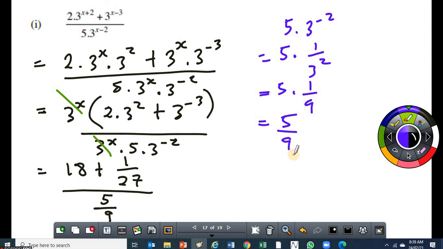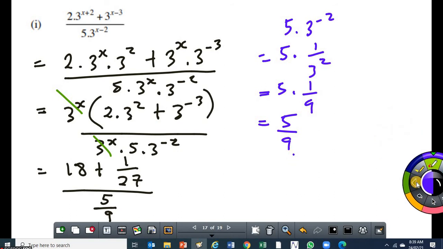And 1 over 3. So, 3 to the power of minus 3 is equal to 1 over 3 cubed. And that's equal to 1 over 27, using definition number 3. Okay?